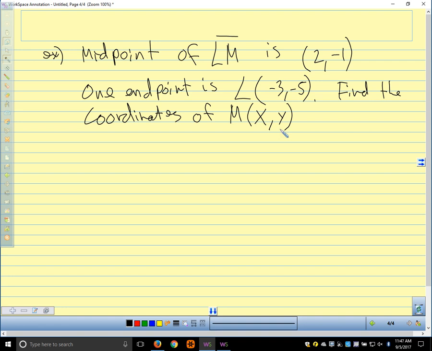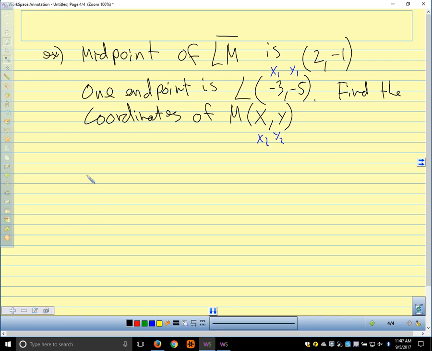I'm going to do this problem the same way that we set up the last one. I'm going to label my two endpoints: this point x1, y1, and x2, y2. Those are my two endpoints, and this (2, -1) is my midpoint.